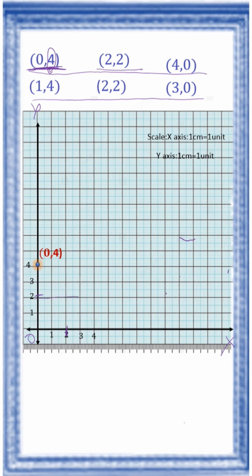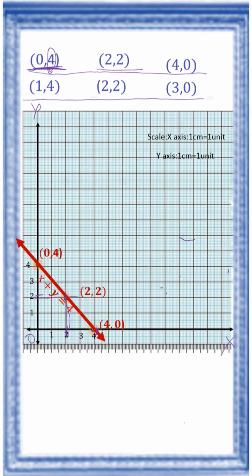The point of intersection here, this point represents 2, 2. Now let us mark the point 4, 0. 4 in x-axis and 0 in y-axis. Now join these points by a straight line which represents the equation x plus y is equal to 4.